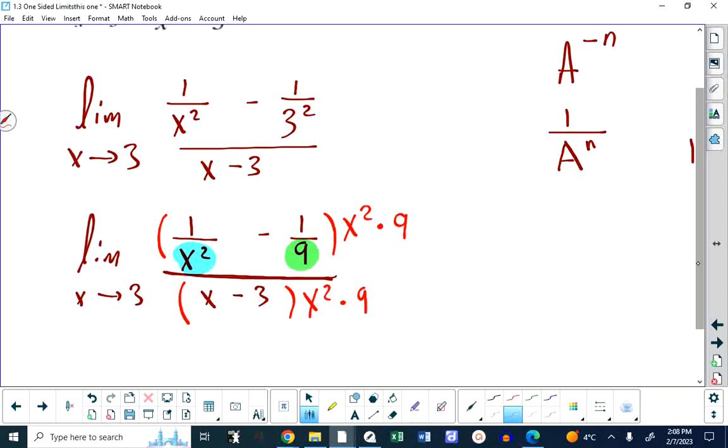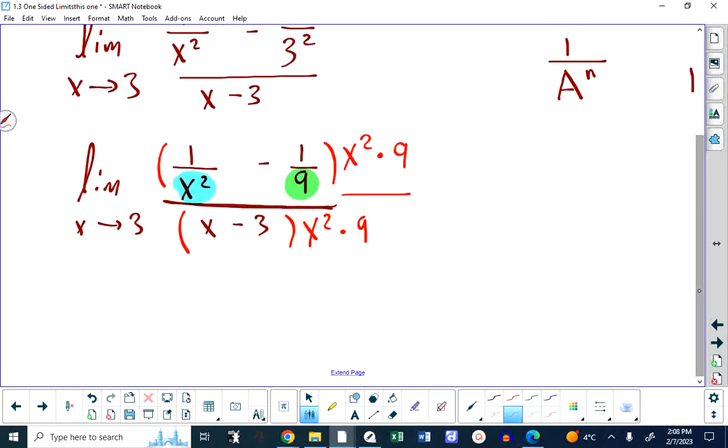And as long as I'm multiplying the top of a fraction by the same things that I'm multiplying the bottom of the fraction by, I'm multiplying by 1, right? That stuff in red, x squared times 9 over x squared times 9, is really just 1. So it's not changing the expression. When I multiply this through, I am going to have to take this x squared times the 9 and multiply it by 1 over x squared and by the negative 1.